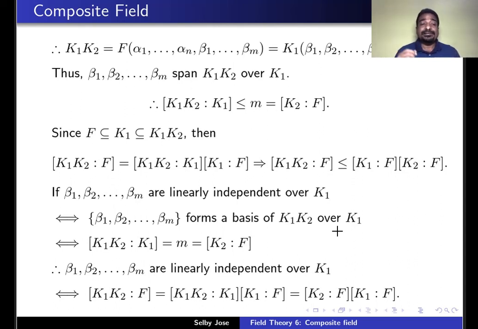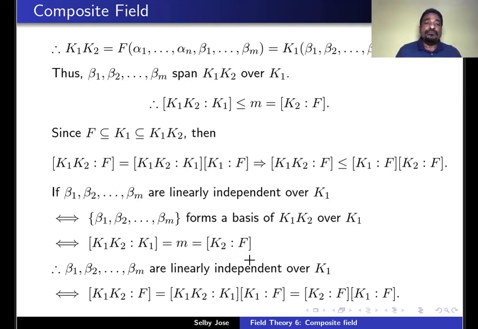This means that the dimension of K1K2 as a vector space over K1 is m, so the degree of the extension K1K2 over K1 is equal to m, which is the same as the degree of the extension K2 over F.